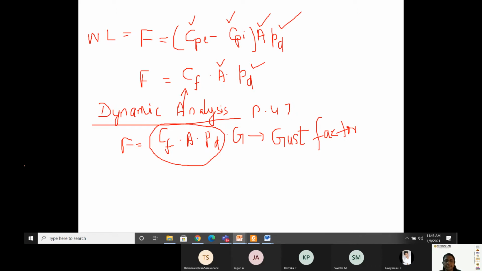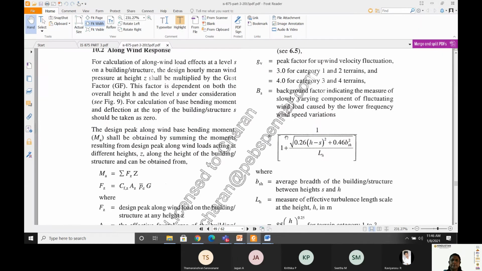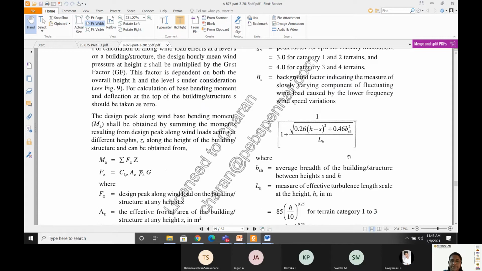So that factor has to be multiplied with the static analysis coefficient, then you will get the dynamic analysis. The calculation of G is another important calculation. If time permits, we will discuss all these things. You can go through this.